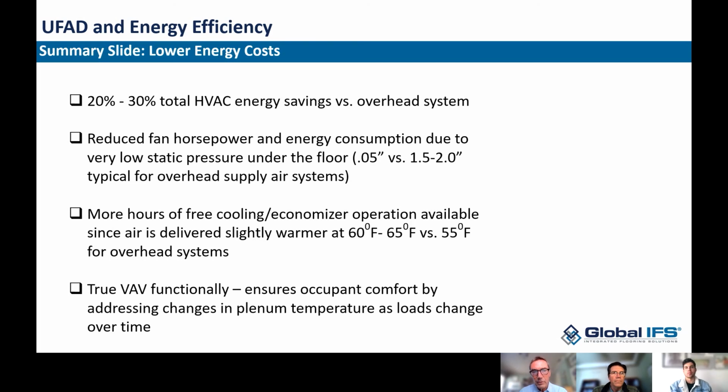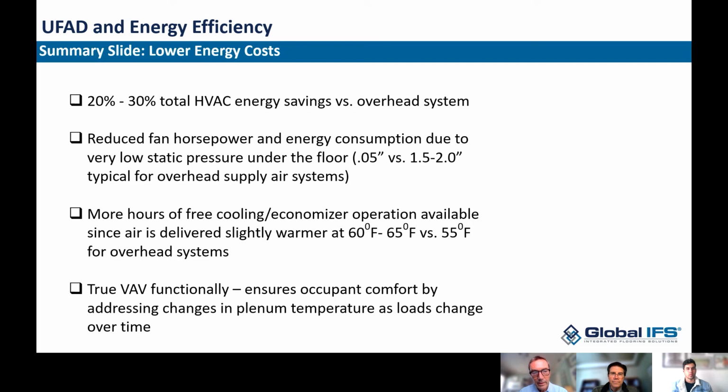And again, the two major components are the reduced fan horsepower, operating at 0.05 inches in a relatively non-ducted world, versus the 1.5 to 2 inches for an overhead system. And then the free cooling, increased economizer operation. When we are delivering that warmer air, it allows us to use more hours during the year that we can take advantage of outside air without mechanically cooling it.